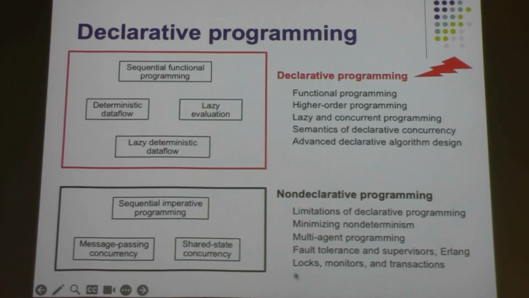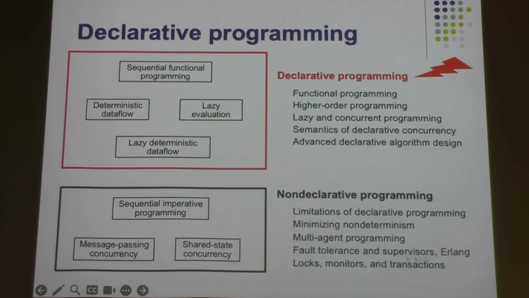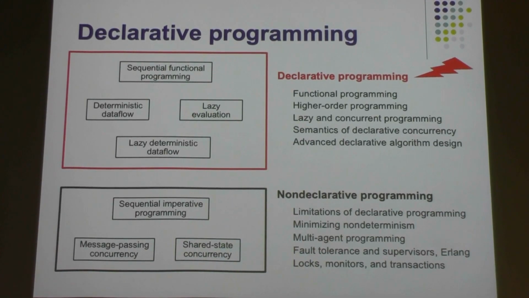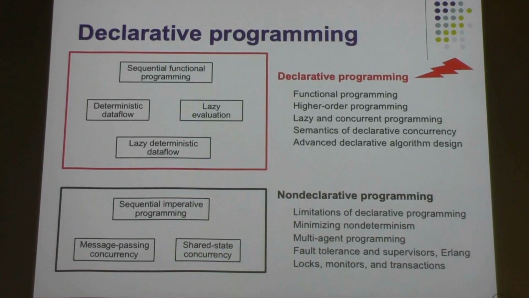And finally, we're going to look at the more shared state form of non-declarative programming: locks, monitors, and transactions. So when you have a mutable state, like a database, lots of data, but many people are accessing it concurrently, how do you make sure that they don't mess things up?